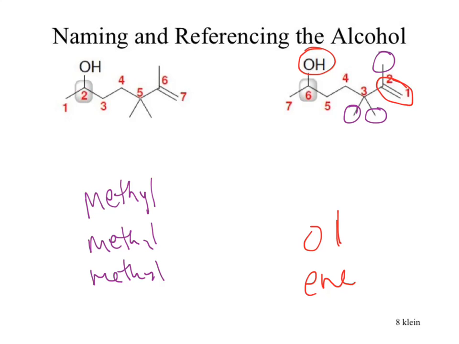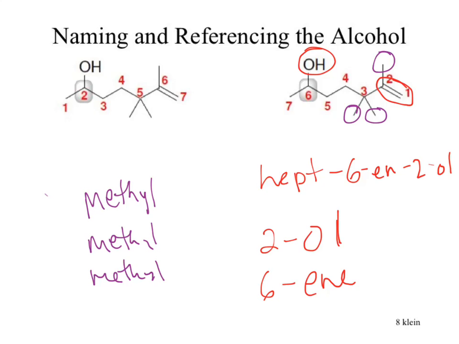Good thing I've left all the spacing to be able to include all this numbering in here. Where is our alcohol? It's at position 2. We have to put in the dash between numbers and letters. Where's our alkene? Position 6. So what we can do is go hept-6-en-2-ol. What do we do about our methyls? Where are our methyls located?